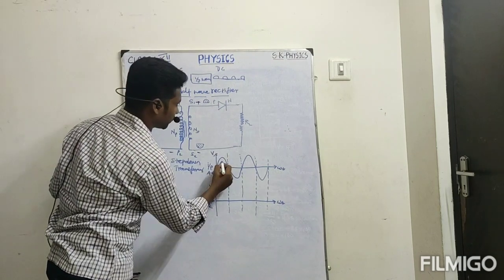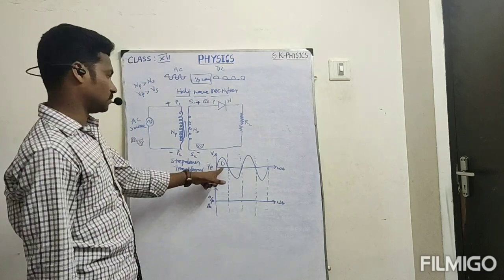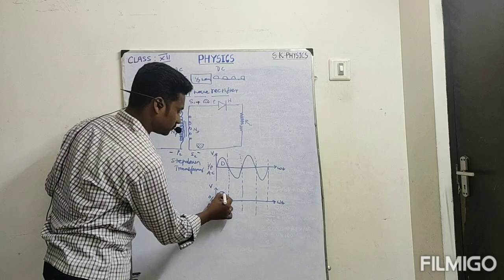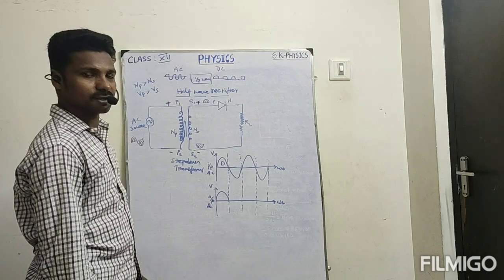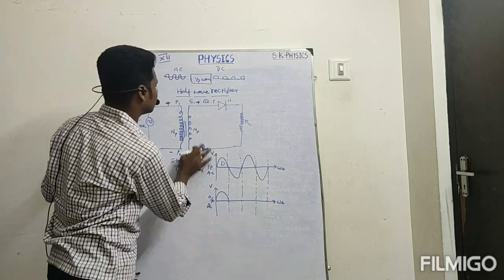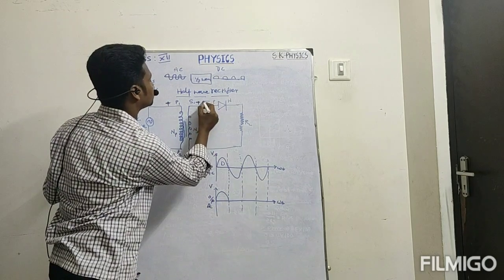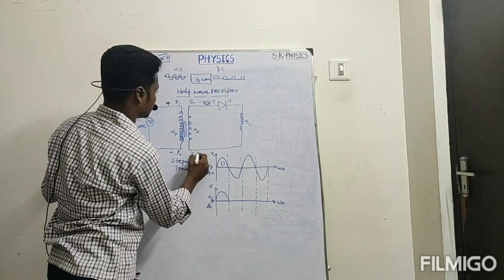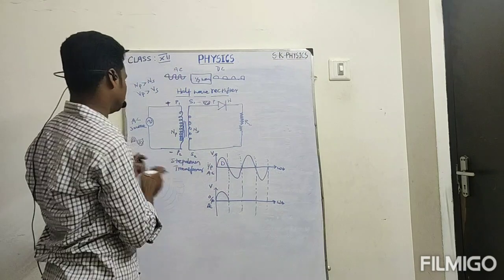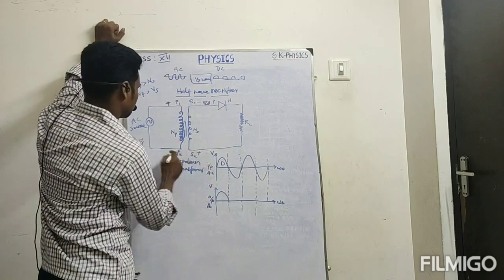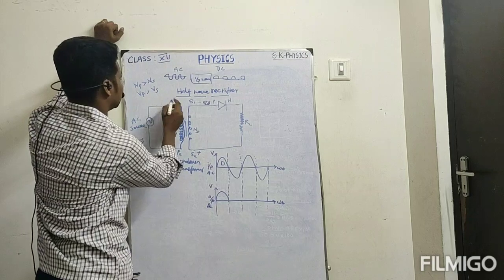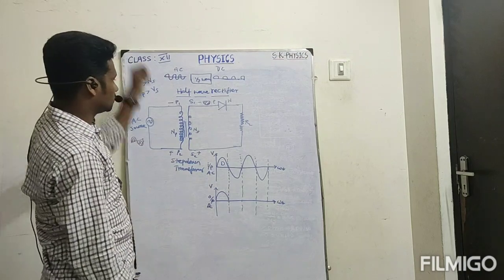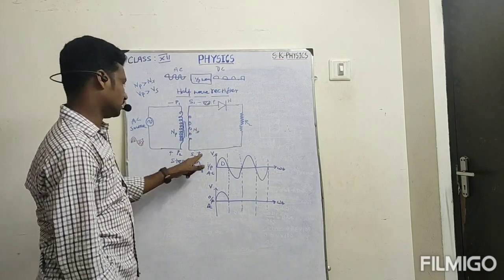Here I use only one diode. This diode accepts this positive cycle, so here we can get the curve. Suppose in the case of the negative cycle, here negative to positive, here positive to negative.